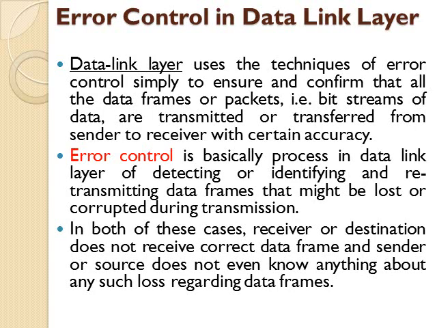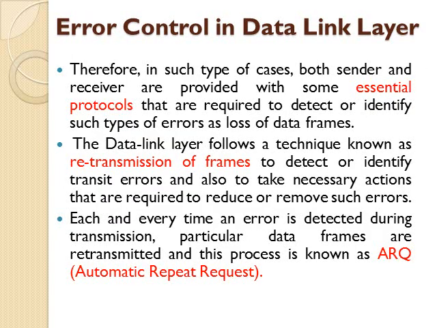This error control mechanism is a process performed by the data link layer to identify and retransmit the data frames that are lost or corrupted during transmission. In both of these cases, the receiver or destination does not receive the correct data frame, and the sender or the source does not know anything about any loss of the data frames.